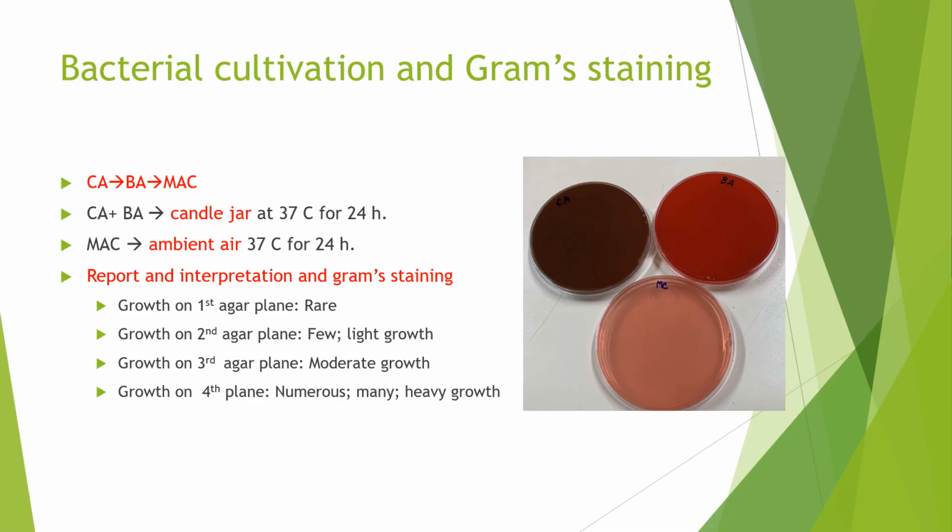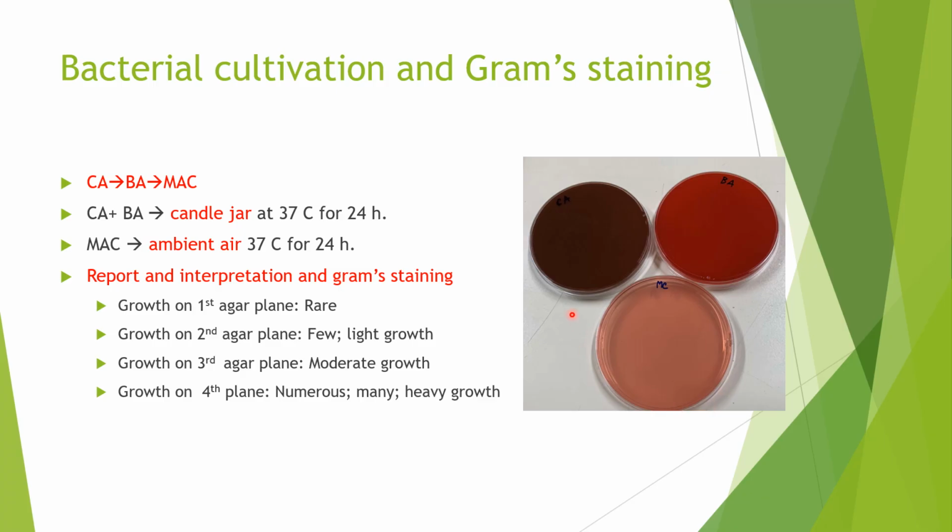For bacterial cultivation, you will be given CA, BA, and MacConkey agar. CA is chocolate agar, BA is blood agar, and MC is MacConkey agar.